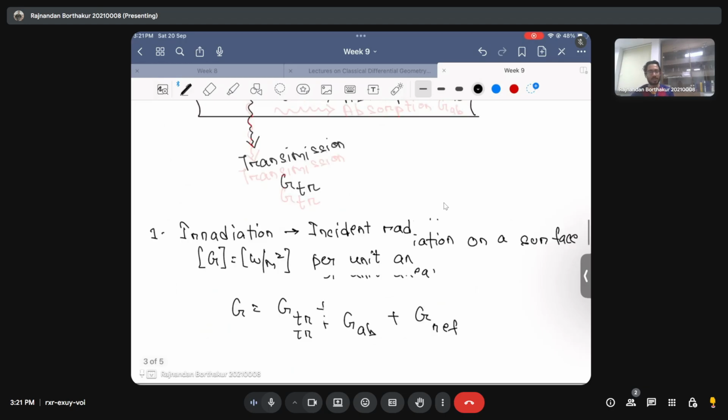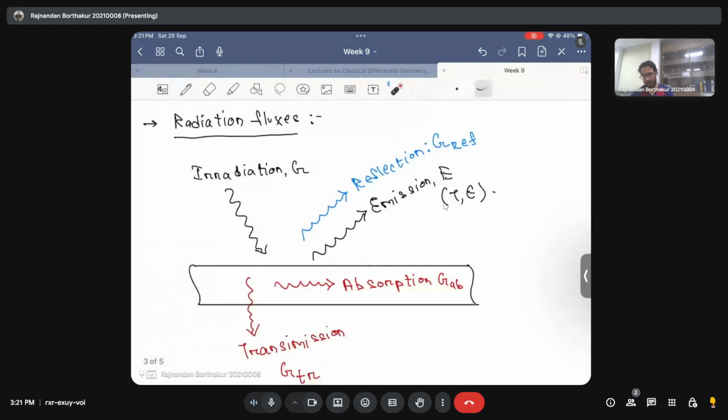And these are the only three possibilities which can happen to this incoming radiation. It can get absorbed, it can get transmitted through it, and it can get reflected. You can verify this just by doing an energy balance for this particular solid of interest.